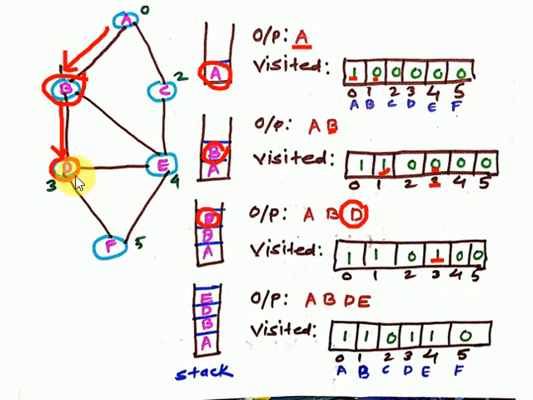Now once I reach vertex D, I find there are vertex E and vertex F connected with vertex D. So first of all I'll come to vertex E, then I'll check whether vertex E is visited or not. Vertex E here is marked with the number 4. So vertex E is not visited. So I'll go to vertex E, mark it as visited, display vertex E and push it onto the stack.